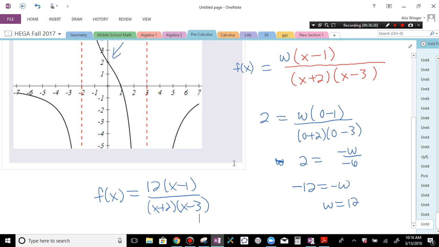So 0, x minus 1, x plus 2, x minus 3. It's x minus 3, right? x plus 2. That looks dead on, right? 12. We could check. As you go from 3 from the right, no, that is wrong. So we do have a sign error.